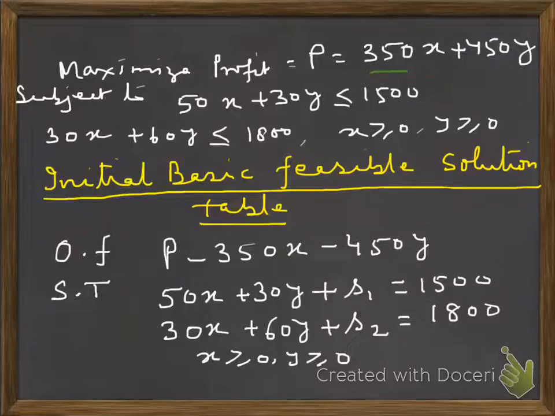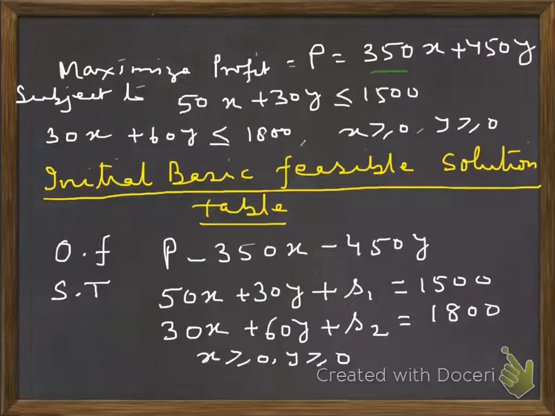Here we have a concept of basic variable. A basic variable is such a variable which is present in only one equation and it is not present in any other equation. The equation in which it is present, the coefficient should be plus 1.